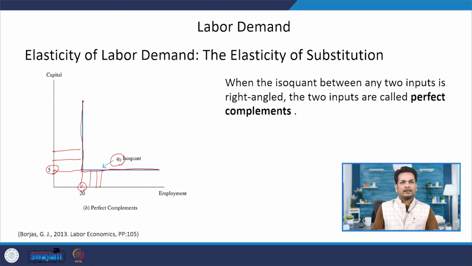So the right angle isoquant implies that using 20 workers and 5 machines yields Q0 units of output. If we hold the capital constant at 5 units, adding more workers has no impact on the level of output. Similarly, if we hold labor constant at 20 workers, adding more machines has no impact on the level of output.